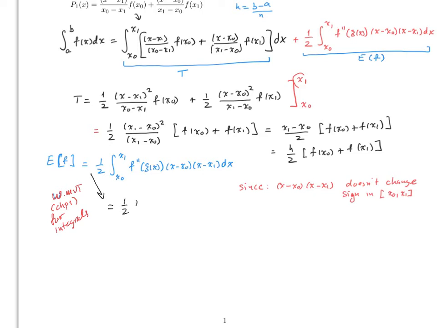So this will be 1/2 the second derivative at some c times the integral from x0 to x1 of x minus x0 times x minus x1 dx.